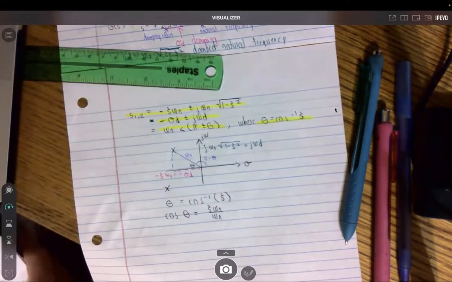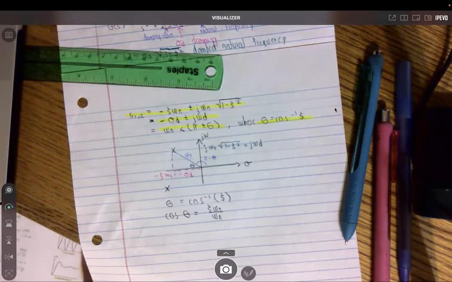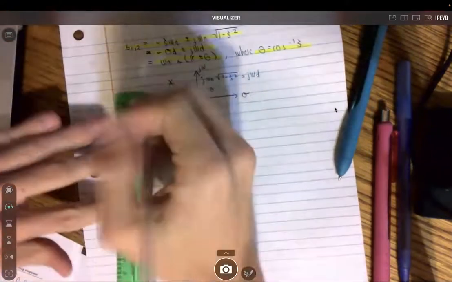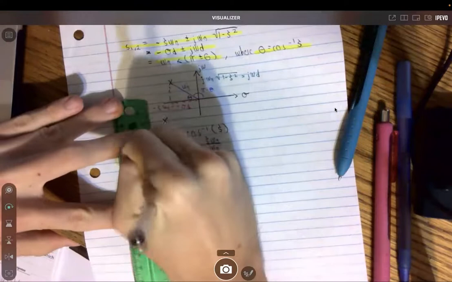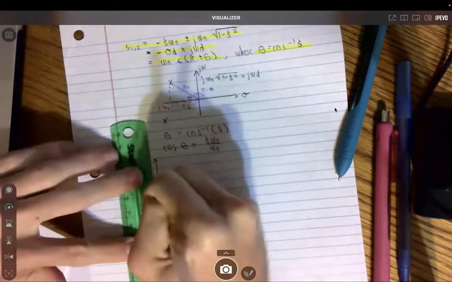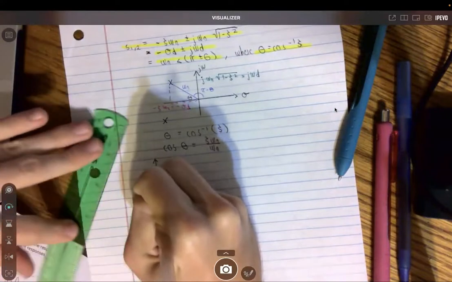So let's now look a little bit into the details of our second order system and how the zeta value represents the damping ratio. We're going to look at 4 types. Here's our pole zero plot, and we're going to look at 4 different conditions.